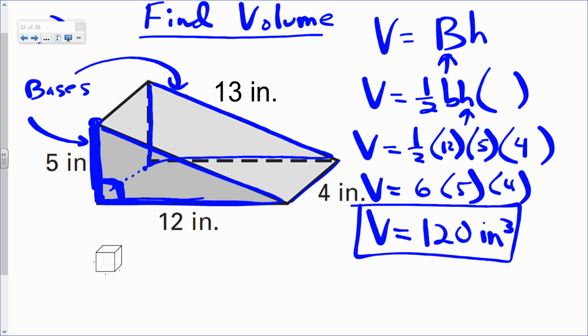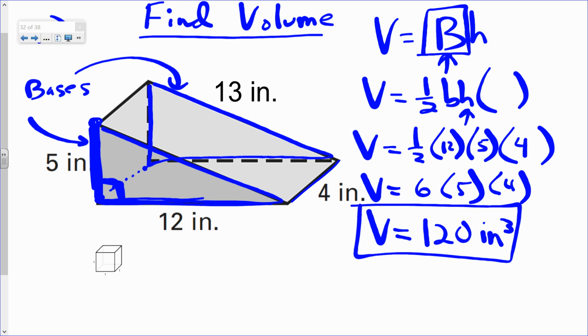Okay. Talk to me. Could someone answer Robles' question? What does capital B stand for? Area of the base. No, the area of the base is the area of a triangle, which in this case, what's the area of a triangle formula?